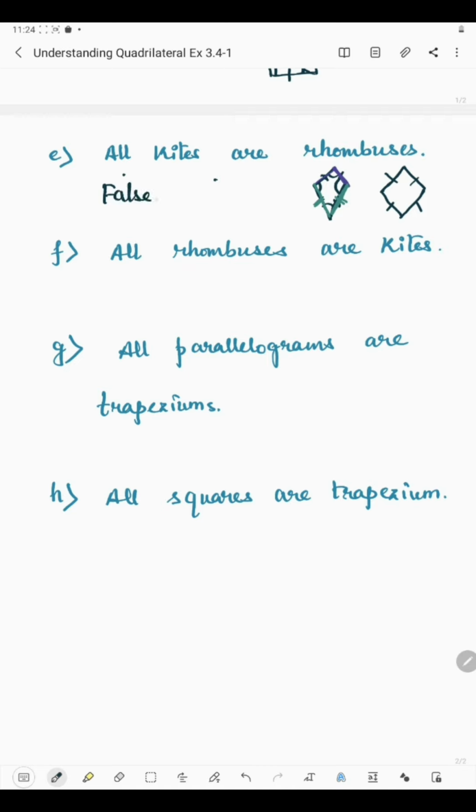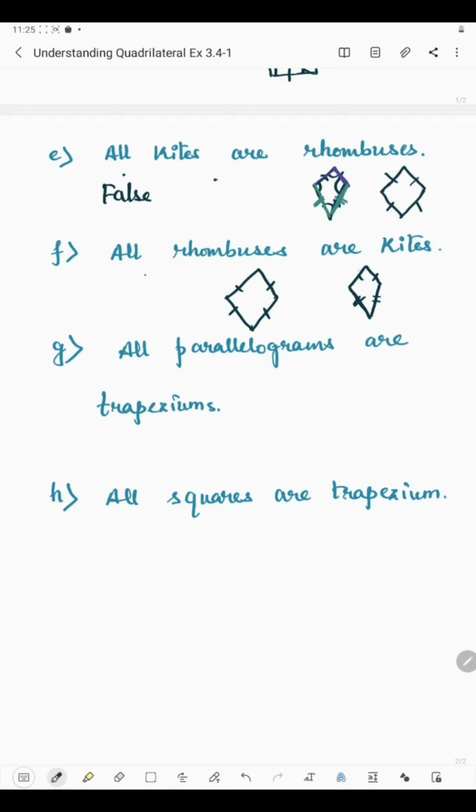Now coming to A part. Now in A part we have: all rhombuses are kites. Now rhombus means all sides are equal, right? All sides are equal in a rhombus, and in a kite consecutive sides are equal. These two sides are smaller and these two sides are larger than that, but these consecutive sides are equal, as a rhombus has all the properties of kites.